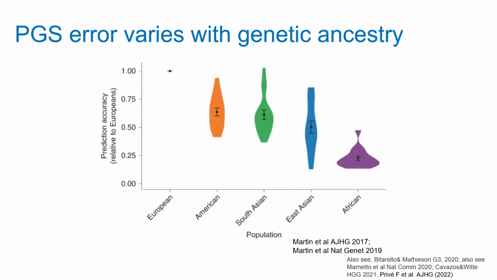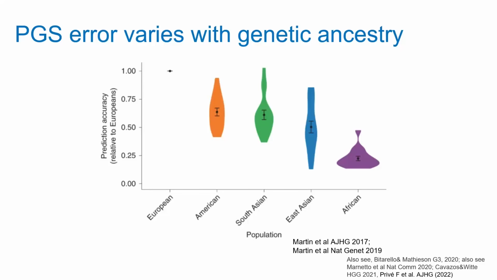And like I was saying before, this is probably one of the biggest challenges in making polygenic risk scores applicable in the clinic: they seem to work much poorer the further away you are from the European ancestry. This figure has probably been one of the most consequential figures in the past 4 or 5 years. You've seen it probably everywhere, from Alicia Martin and colleagues.